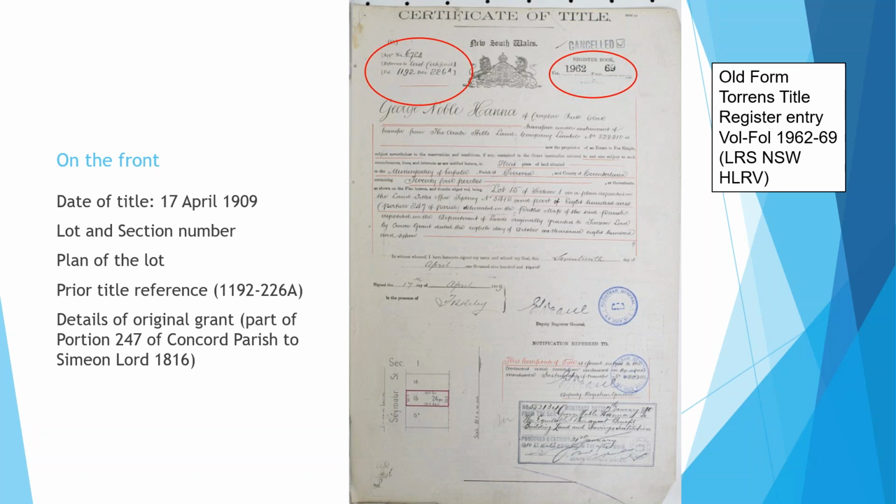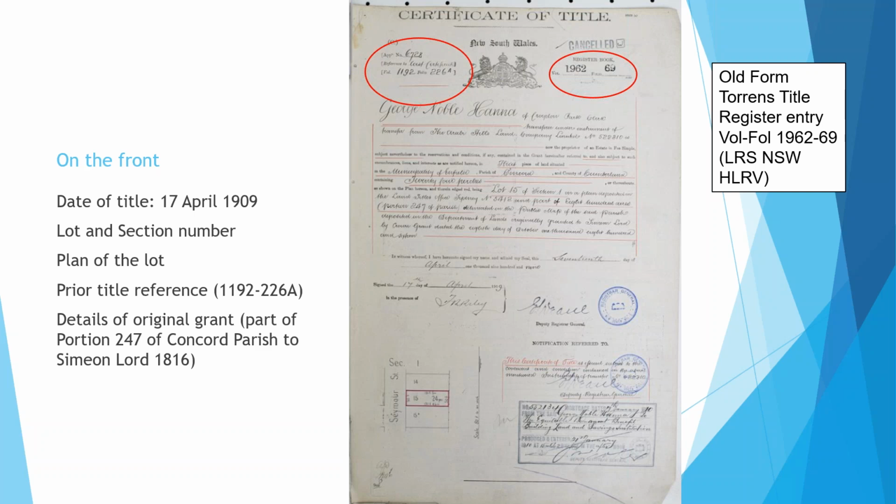Just before I show you the next page over, we're going to go back up to the top on the left-hand side, which I've also circled. We can see we've got an application number, 6728, we'll talk about that shortly, and then we've also got the prior title, volume 1192, folio 226A.